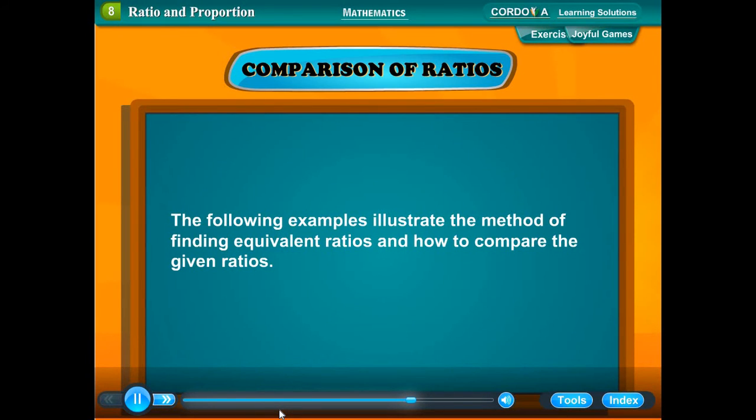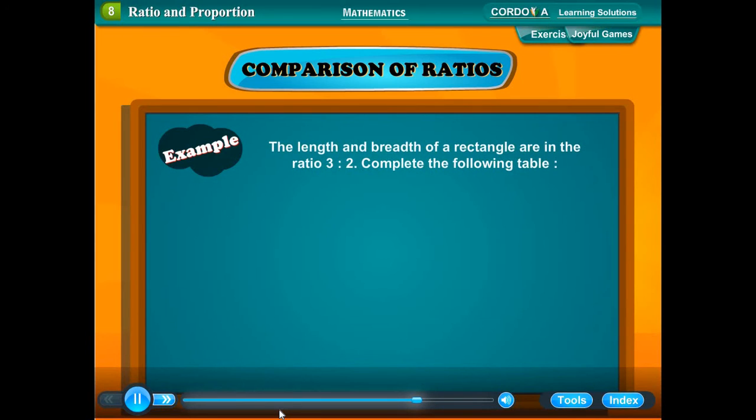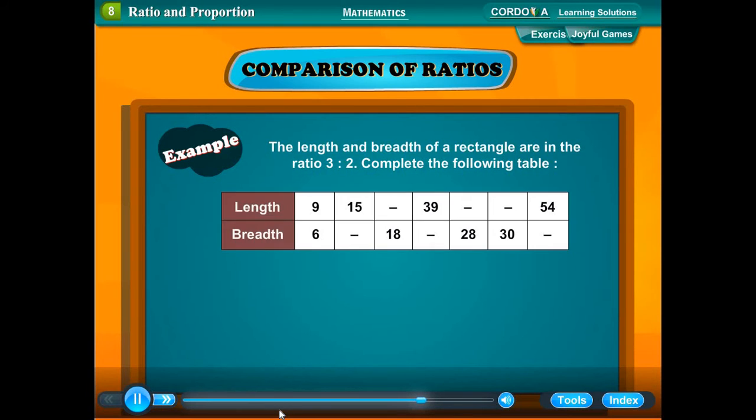The following examples illustrate the method of finding equivalent ratios and how to compare the given ratios. Example: the length and breadth of a rectangle are in the ratio 3:2. Complete the following table: length, breadth.